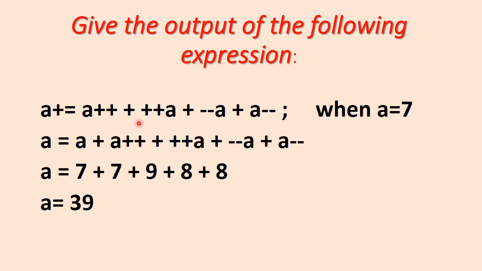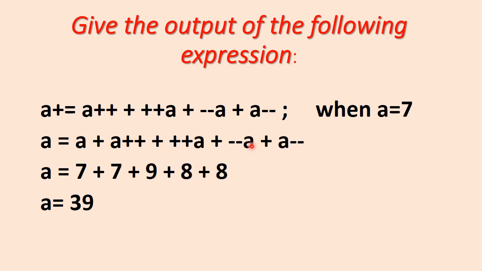Okay. So we can write like this. A += ..., how can we write? A = A + the complete expression: A++, then this plus operator, then this ++A, then the plus sign means addition, then --A, then this plus sign, and then A--.